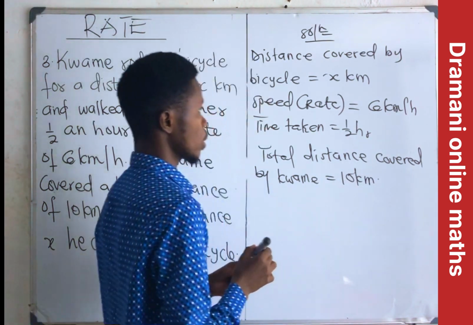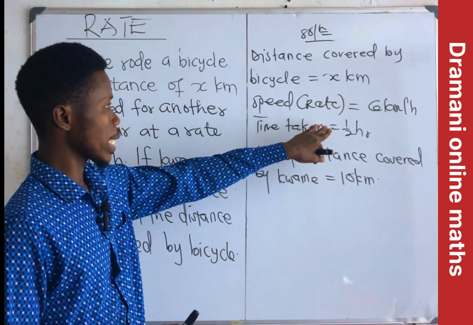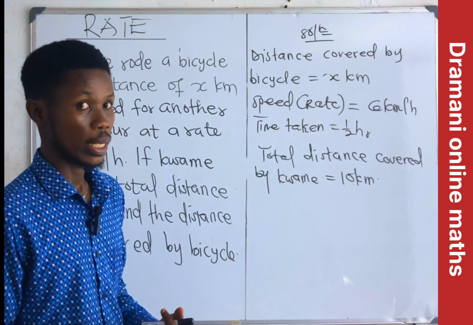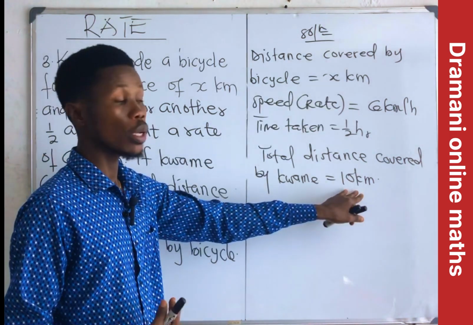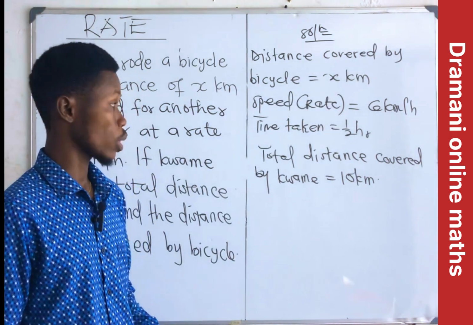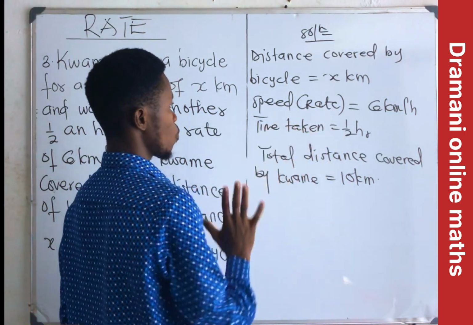Is that okay? Good. So all you need to do is that if I'm able to get the distance covered with his walking, then I add it to the distance covered with the bicycle. Then I just equate it to 10 kilometers. That is a very simple thing to do. So let's look for the distance covered with walking.